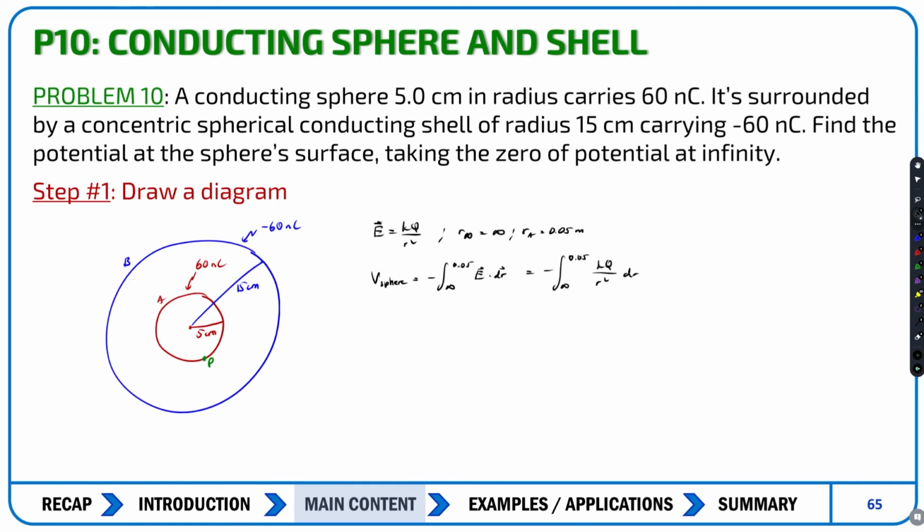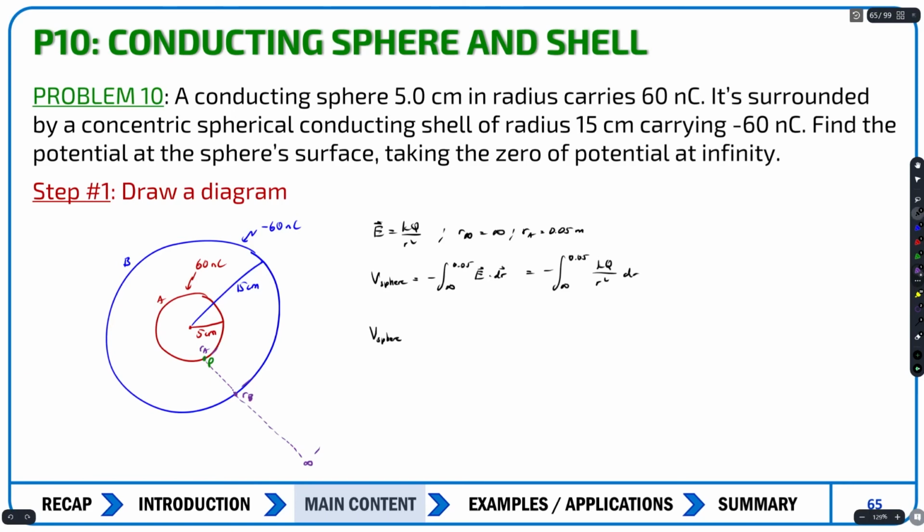Now keep in mind that when we're looking at potential and going from infinity, I'm going out from infinity, reaching r_B first, and then reaching r_A. So from infinity to r_A, I have to break up my calculation from infinity to r_B, and then from r_B to r_A.